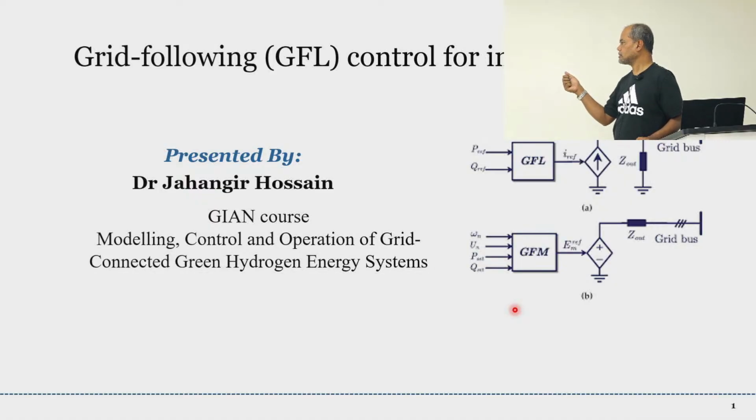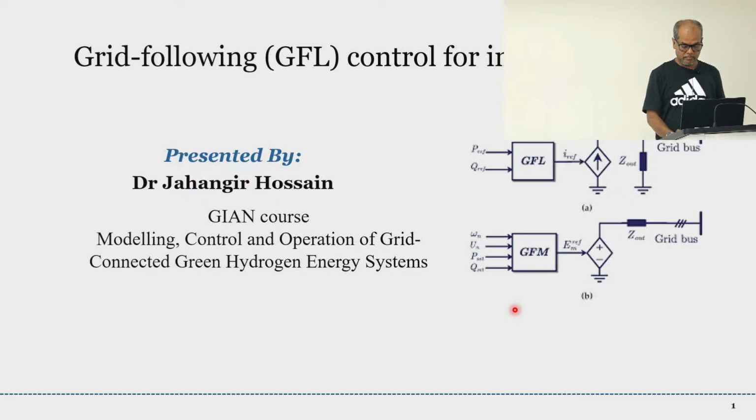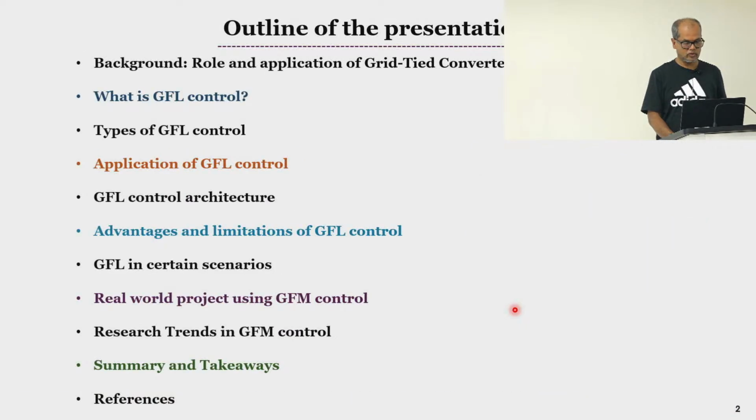Later we'll see that it does not need any PLL because it actually forms the grid, so it produces that itself, but for GFL we normally use a PLL, measuring the voltage and current to get the frequency, and then we use that for control purposes.